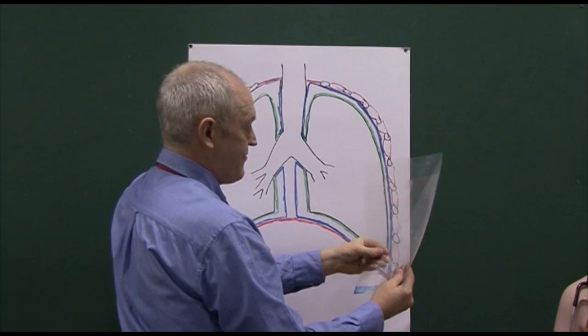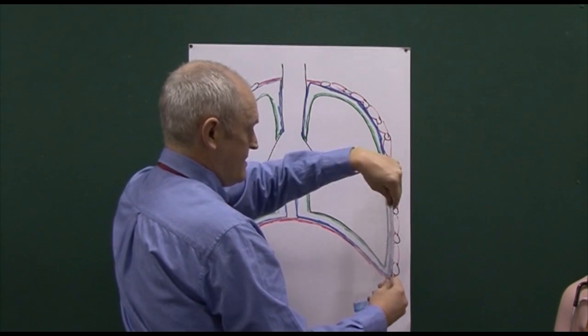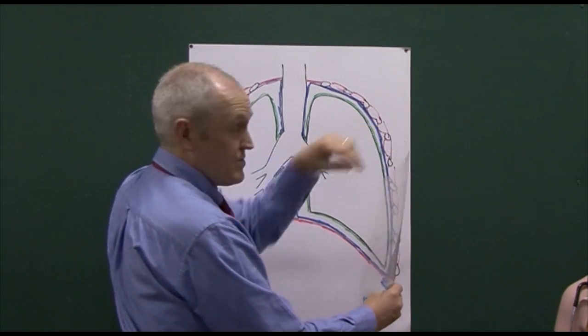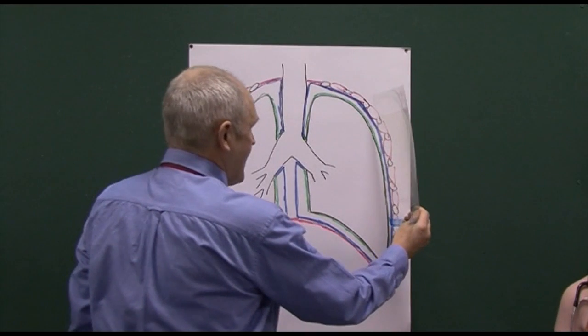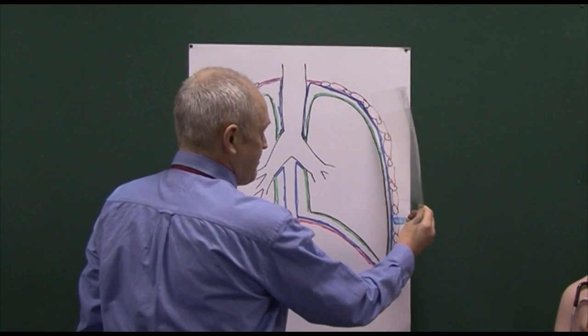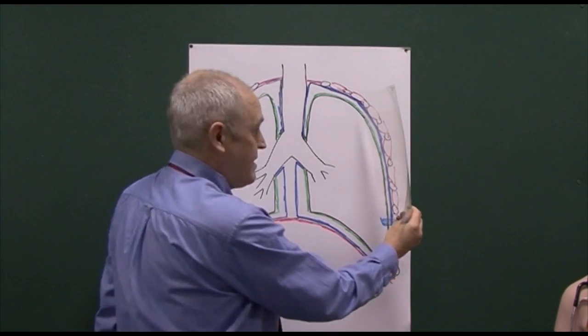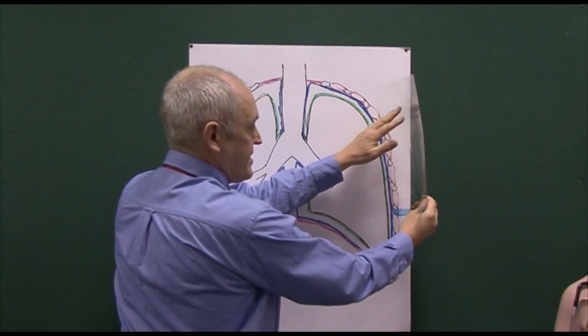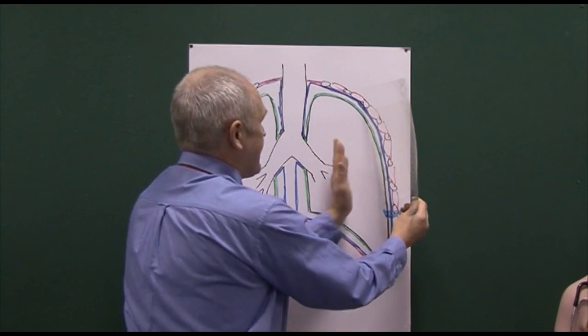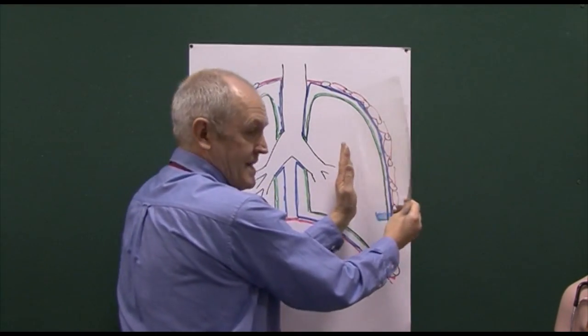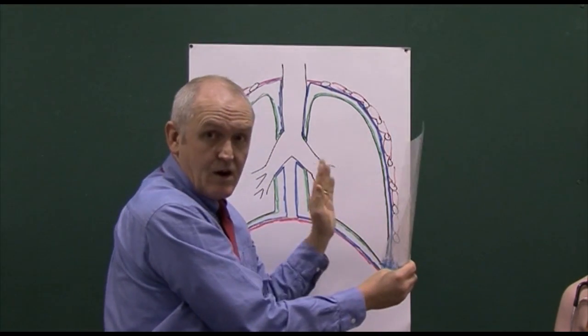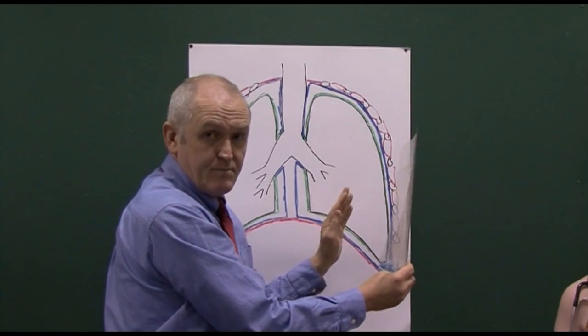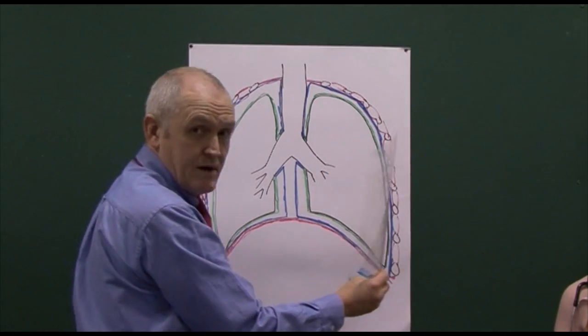And we've got a layer of fluid in between, with a slight negative pressure in between the two. That means when the chest wall moves up and out, the parietal pleural membrane goes with it, and the visceral pleural membrane goes with it automatically, bringing the lung with it, expanding the lung. This is how the lung expands. Vital piece of physiology, the pleural membranes.